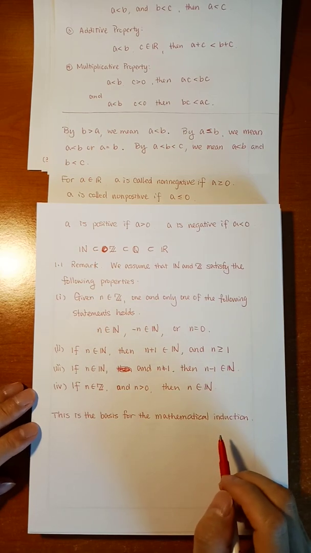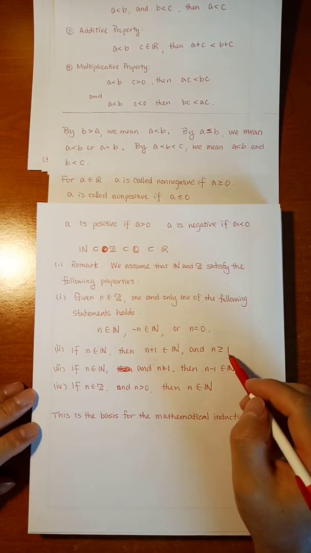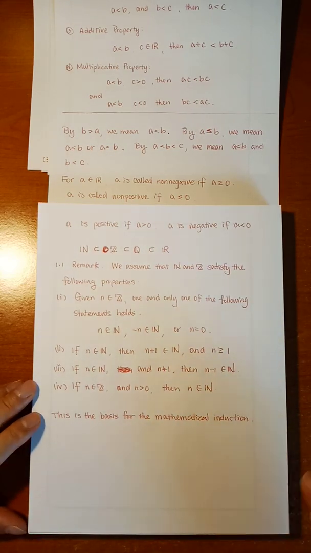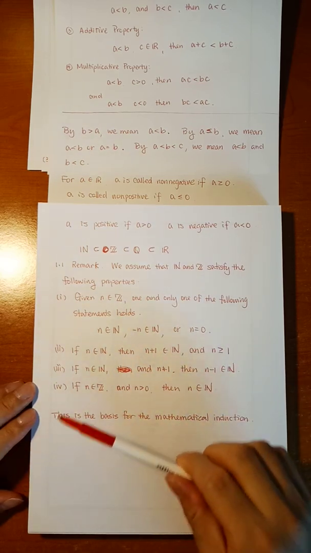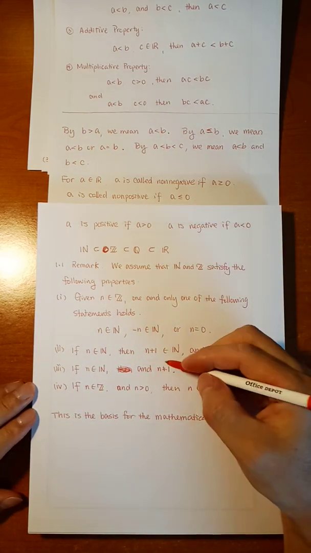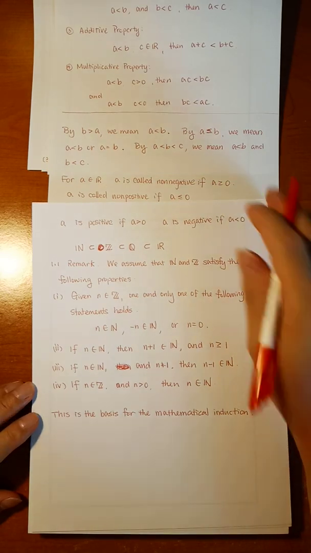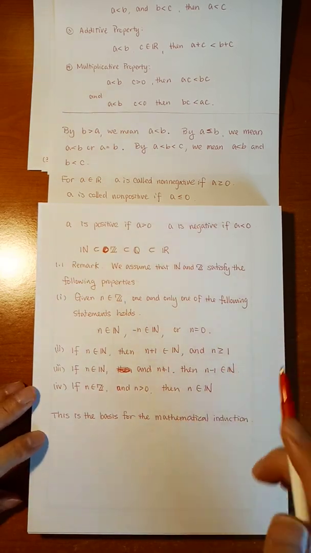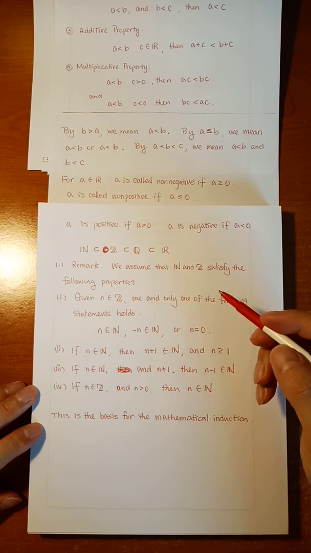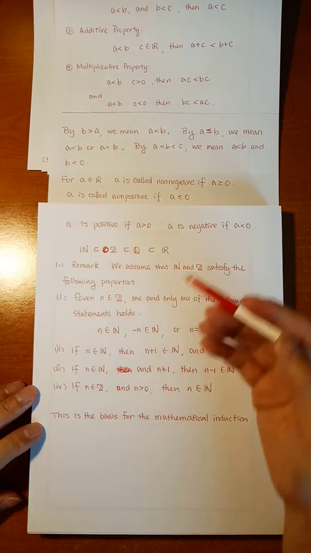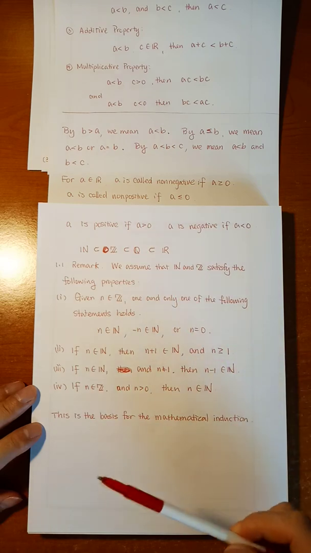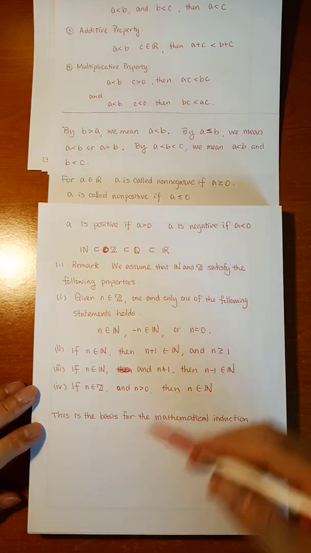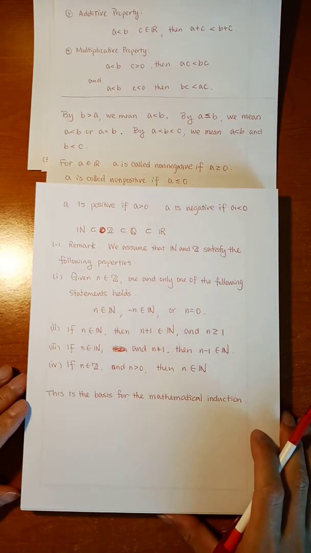Recall that mathematical induction always starts from n equal to 1 or maybe another initial value. And then every time you add 1 to the index, you will exhaust all the required indices. Every element you add 1 to is still in this set. Every element you subtract 1 from, if it's not 1, is still in it. So all the integers can be exhausted by adding 1 many times.